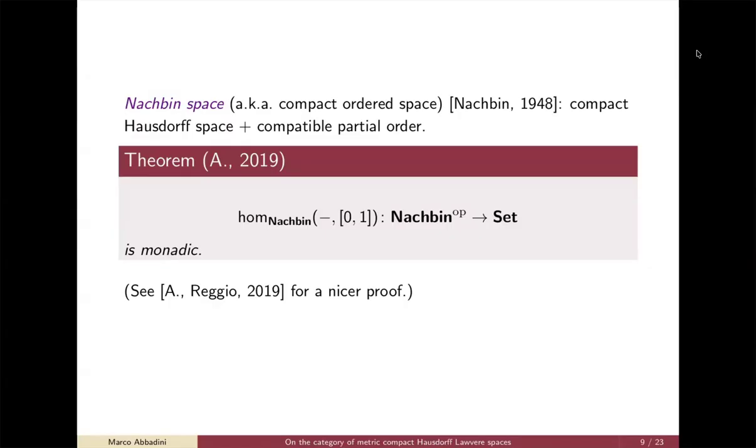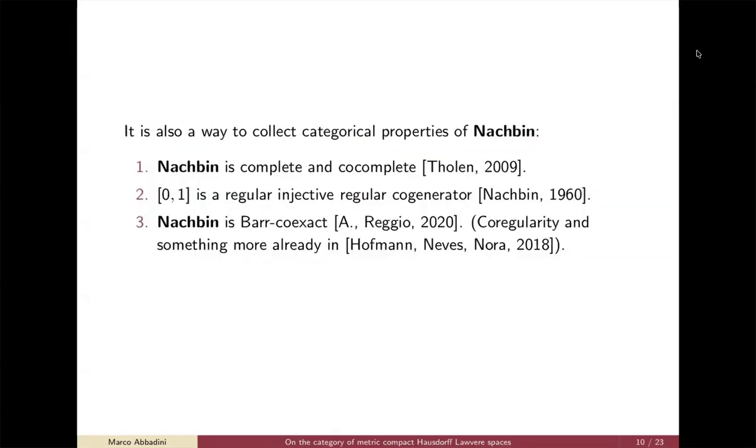So if you take the category of Nachbin spaces with continuous order-preserving functions, and we consider the functor represented by the unit interval, this is still monadic. And again, this result is also a way to compress and present some nice categorical properties.